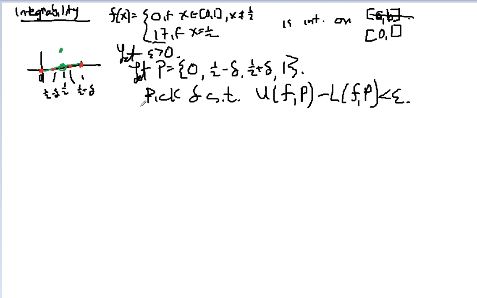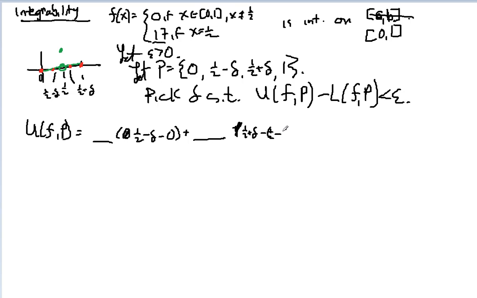Well, let's actually figure out what U(f, P) and L(f, P) are. U(f, P) is equal to, well, the first interval goes from 0 to 1/2 minus delta, so it's 1/2 minus delta minus 0 times the supremum there. Then plug in the supremum for the next interval times 1/2 plus delta minus 1/2 minus delta, that's the distance between there and there, plus the supremum on the last interval times 1 minus 1/2 plus delta.